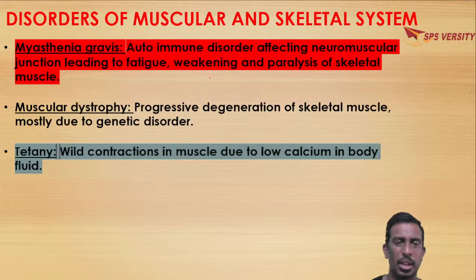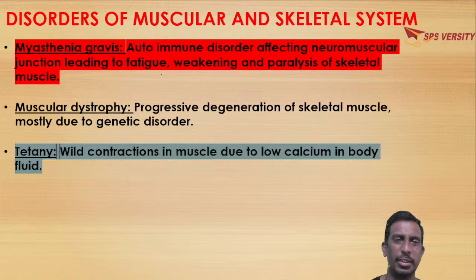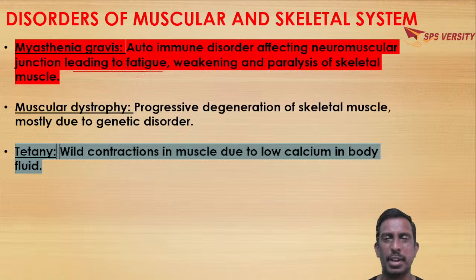Till now we have discussed the muscles, specifically skeletal muscle, and the bones associated with them. Now we are going to discuss the disorders of the muscular and skeletal system. One is myasthenia gravis, an autoimmune disorder which affects the neuromuscular junction, so that muscles become weak, fatigued, and paralysed.